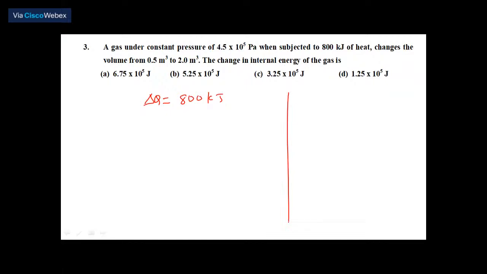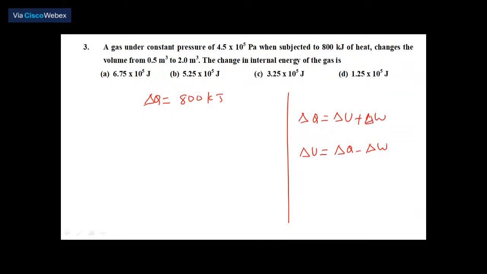From the first law of thermodynamics, we have Q is equal to dU plus dW or delta U plus delta W. Here delta U is change in internal energy, right? So delta U is equal to delta Q minus delta W. Delta Q is given in the problem.